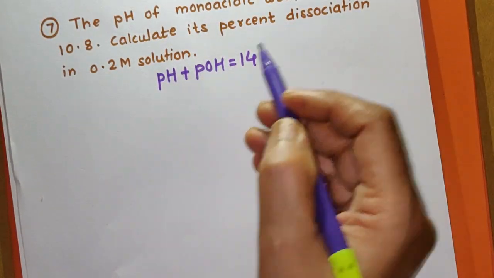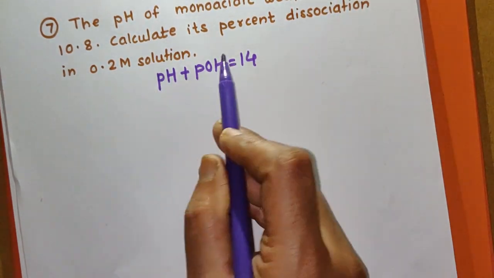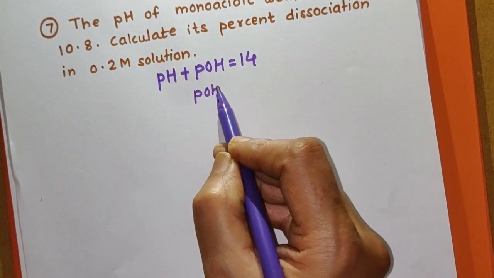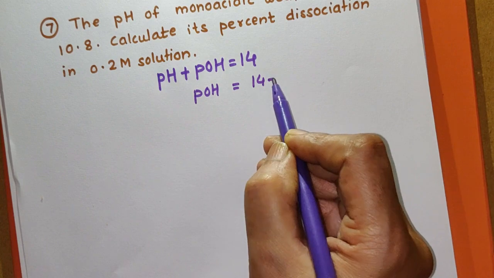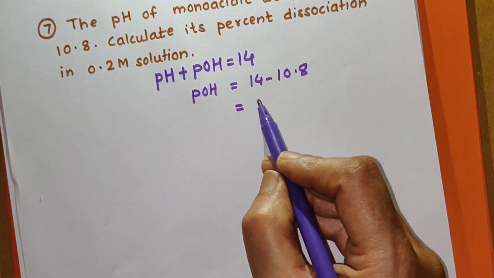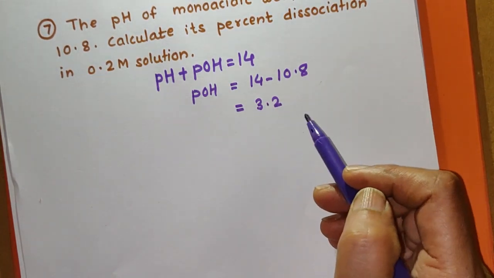So remember here when base is given, you have to calculate pOH first and then use the formula for alpha. Now pOH of this solution will be equal to 14 minus 10.8 and it will be 3.2. So pOH of the solution is 3.2.